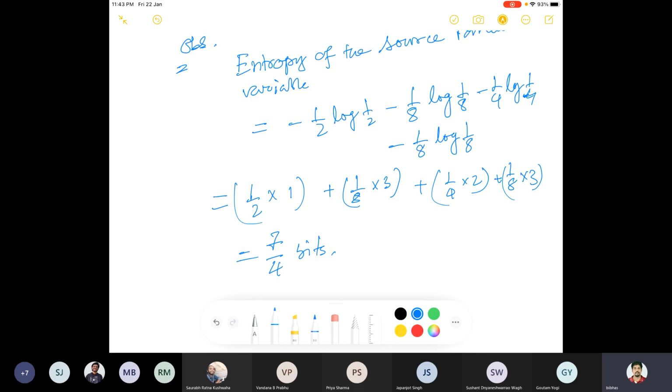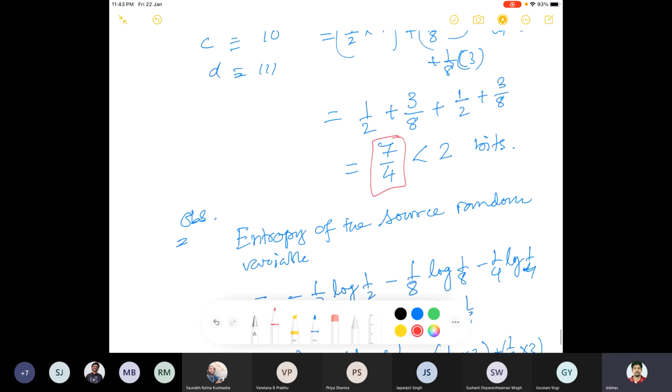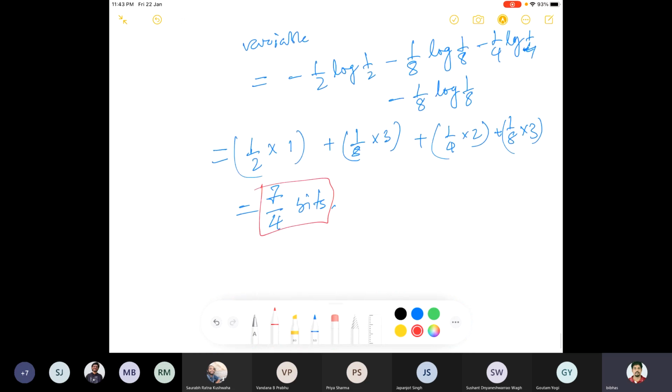What I'm saying is that this expression 7 by 4 bits is not accidental. These two are equal. In fact, we'll show that you cannot have a coding scheme whose average length is below the entropy of the information source.